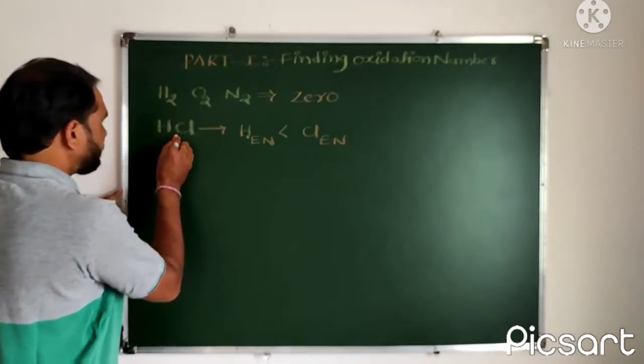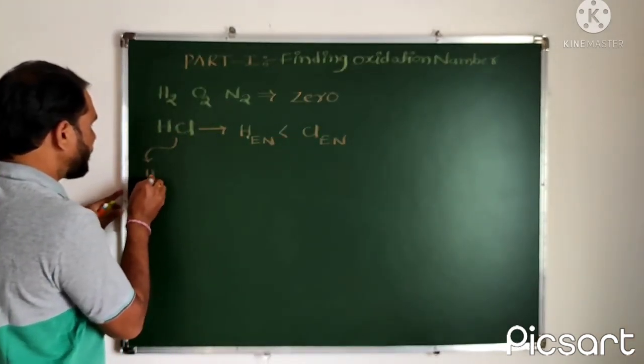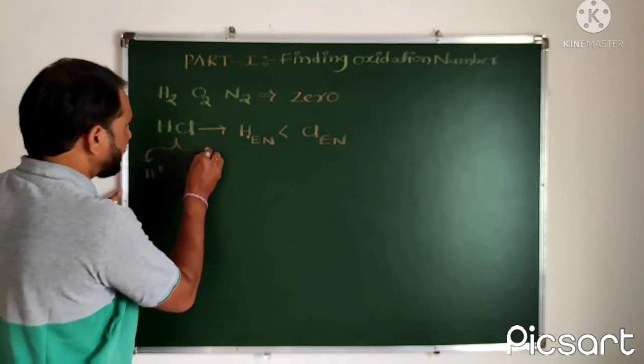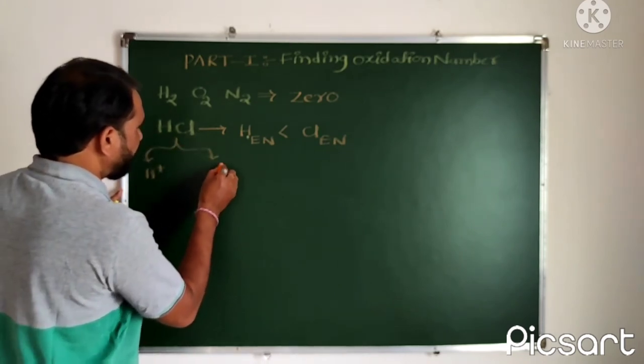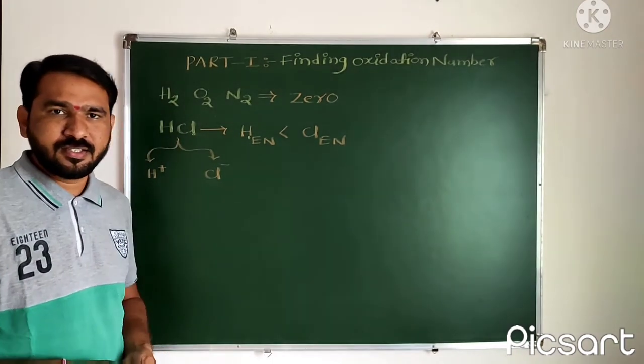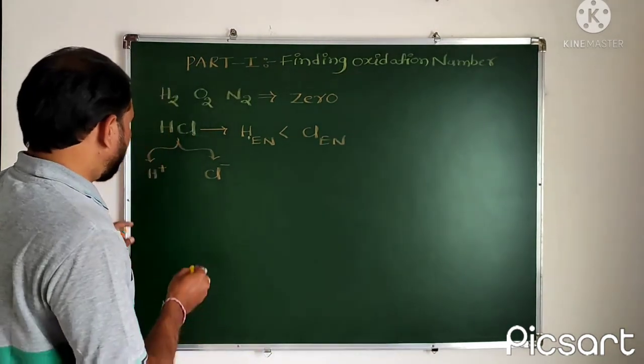Therefore, here hydrogen is in the +1 oxidation state, and chlorine is in the -1 oxidation state. Right? Like that.